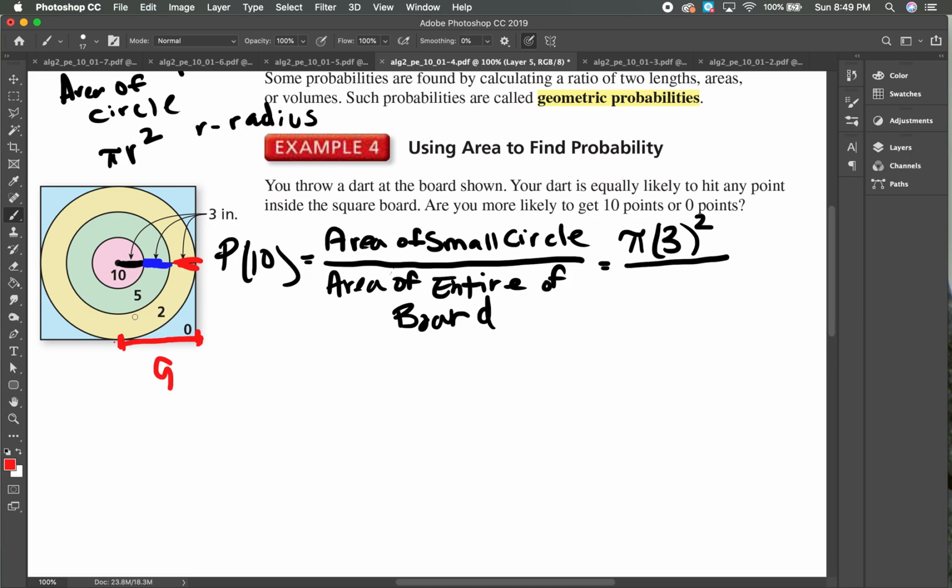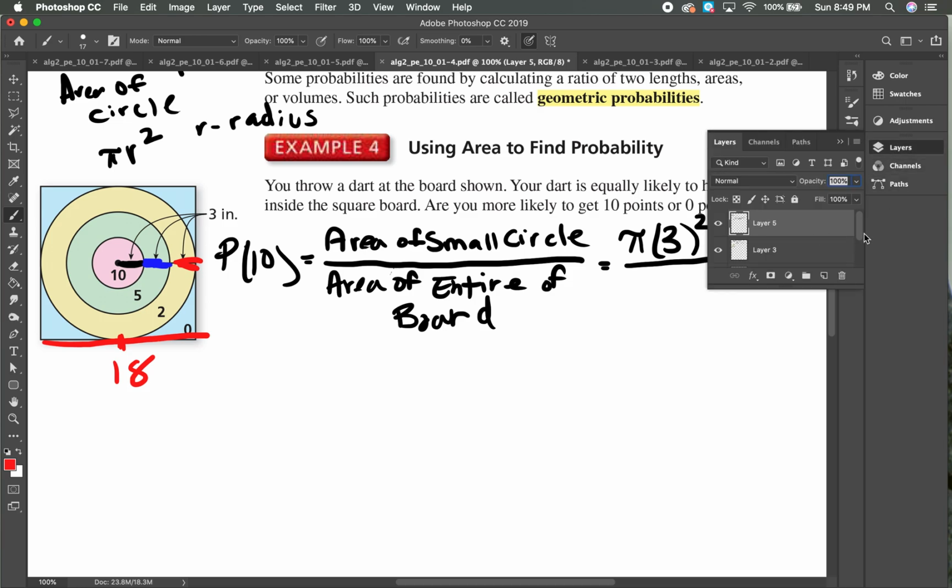Since this is a circle, that's our radius, right? And radius is half a diameter. So if this is 9 and 9, this makes the entire side length 18.